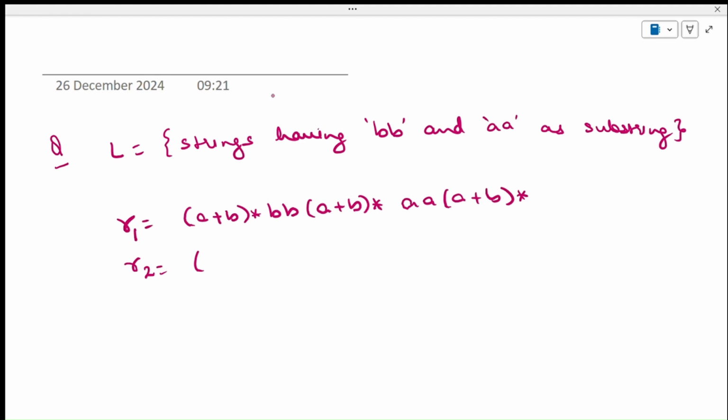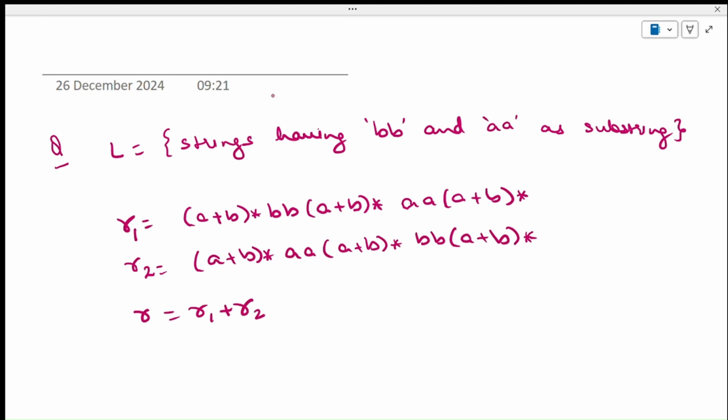So therefore, (A plus B) whole Kleene closure, double A, (A plus B) whole Kleene closure, double B, followed by (A plus B) whole Kleene closure. The final regular expression we will have is R1 plus R2, that is either this regular expression or this regular expression.